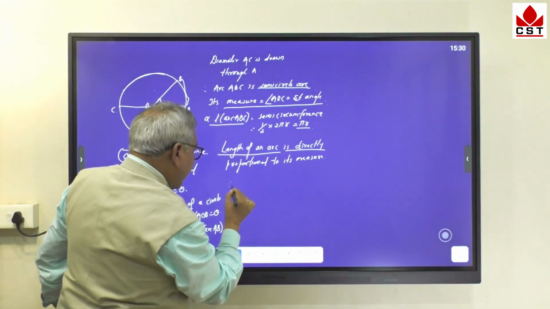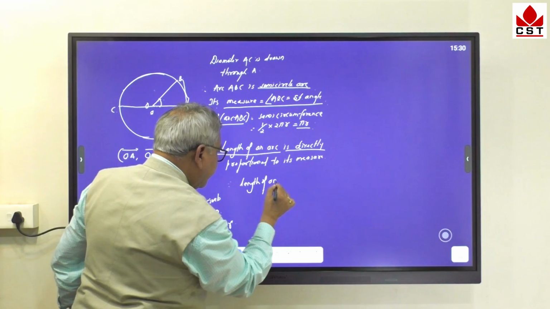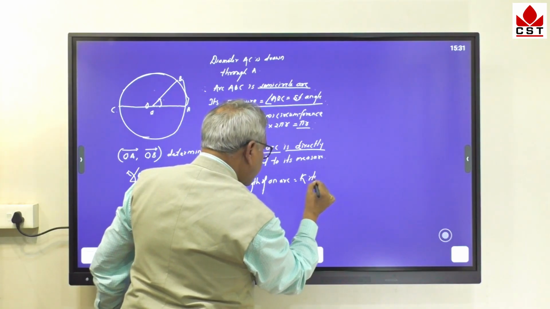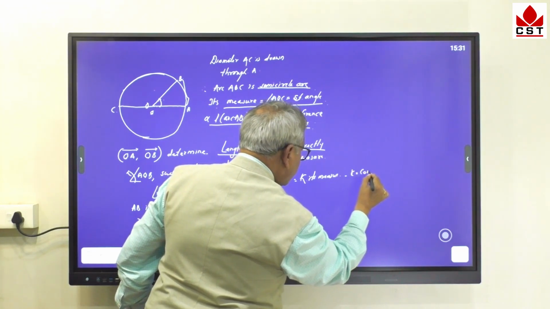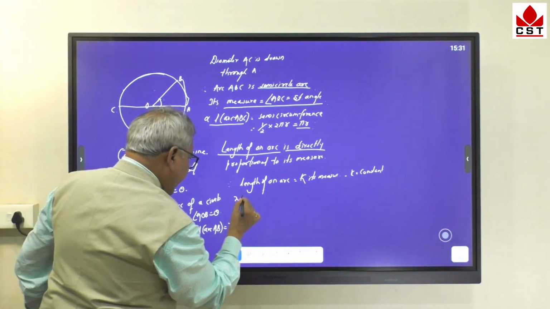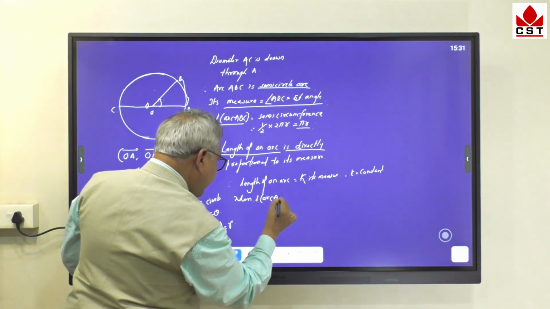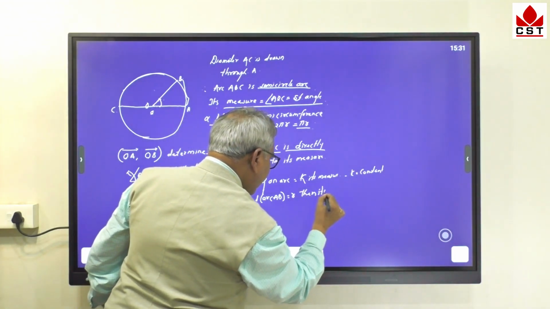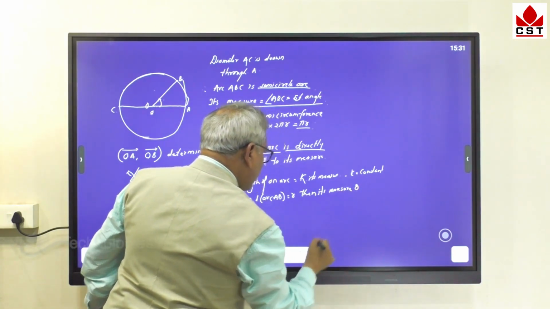Therefore, I can say that the length of an arc is equal to K times its measure, where K is a constant. Now, when the length of arc AB is equal to R, its measure is equal to theta.